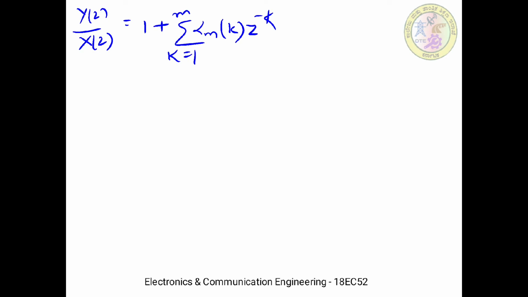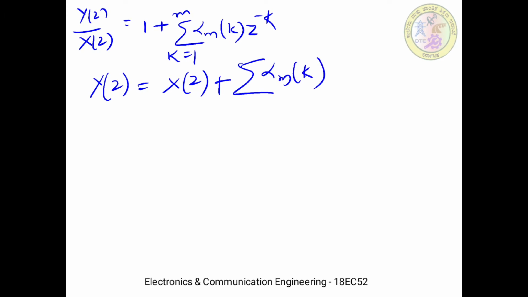Just cross multiplying X(z), we have Y(z) equal to X(z) plus summation alpha_m(k) into z to the power of minus k into X(z), again with k equal to 1 to m.